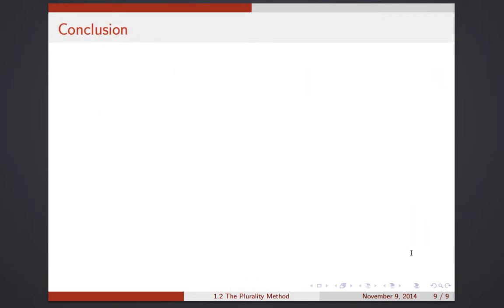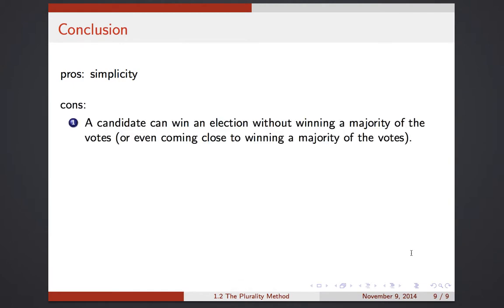So just to wrap all this up, the method itself is very simple. So if you want to talk about pros and cons of using the plurality method, the pro is clear. It's a very simple method, right? Number of first place votes, if you have more first place votes than anybody else, you win, right? Simple. There are many drawbacks. So here are a few of them that we discussed.